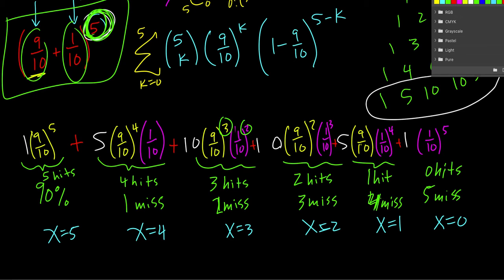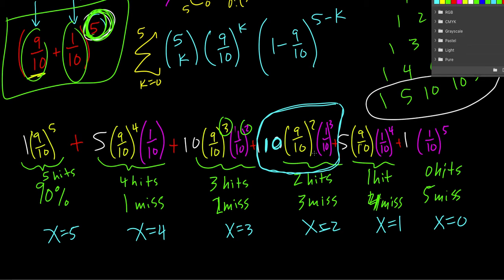Okay, so basically, we're just going to take this piece, that's a 10, and then find out what it is, and that's going to give us that he hits it exactly 2 times.